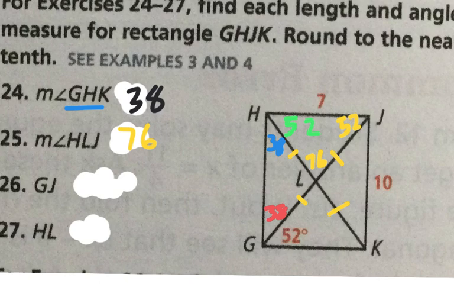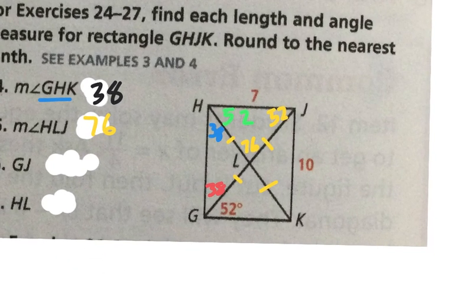Okay, now the third one, what's the measure from G to J? From G to J, so this would be a diagonal. Right? So if I focus in on that diagonal, we can do the Pythagorean theorem with HJK. It's a right triangle. Okay, let's do that.